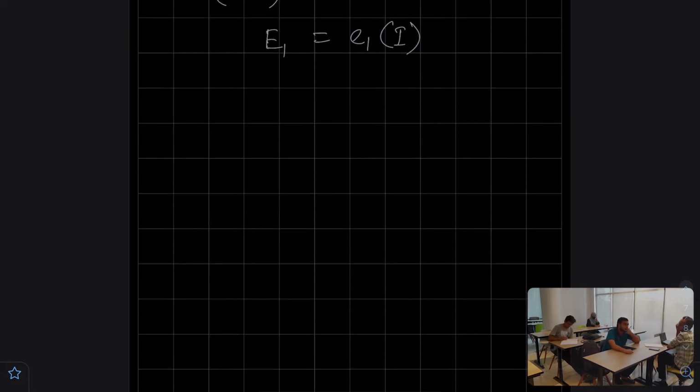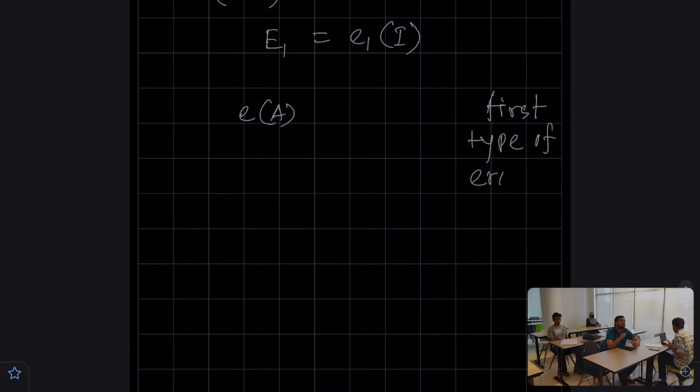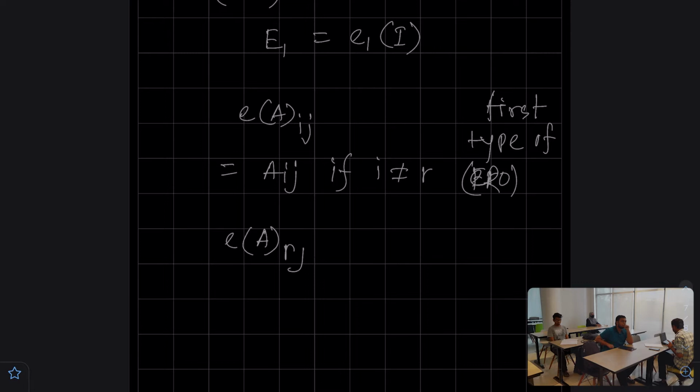The one thing that we are considering is the field, right? So the first row operation is something like E of A, and I am considering E of the first type of row operation. Then if I consider entry ij, this is just Aij if i is not equal to r, and E(A)rj is equal to c times Arj.